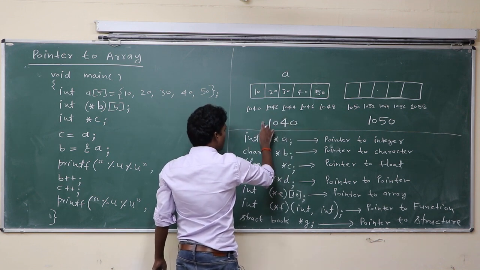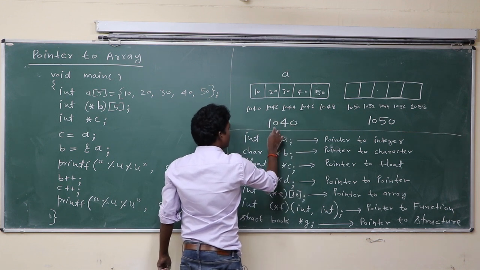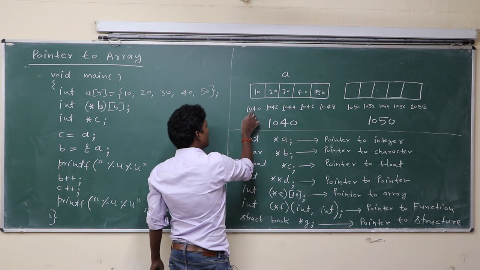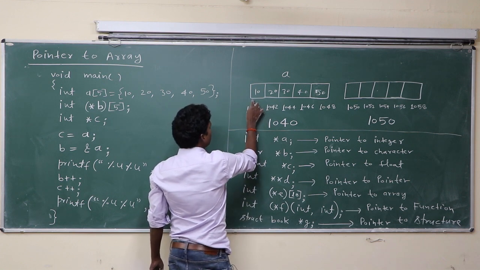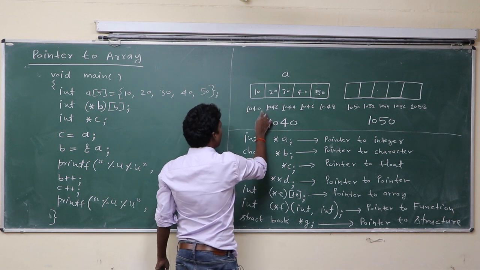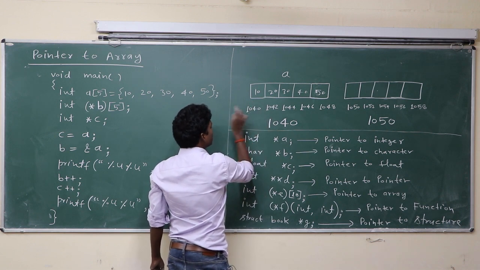Suppose 1040 is the overall address. This overall address becomes the first block address. This is the first block, and it is also called the base address.